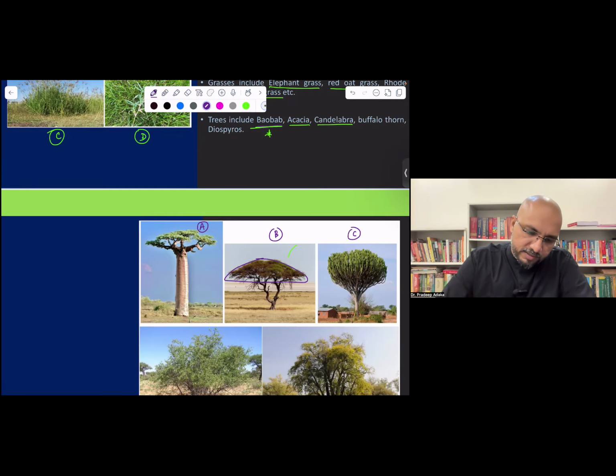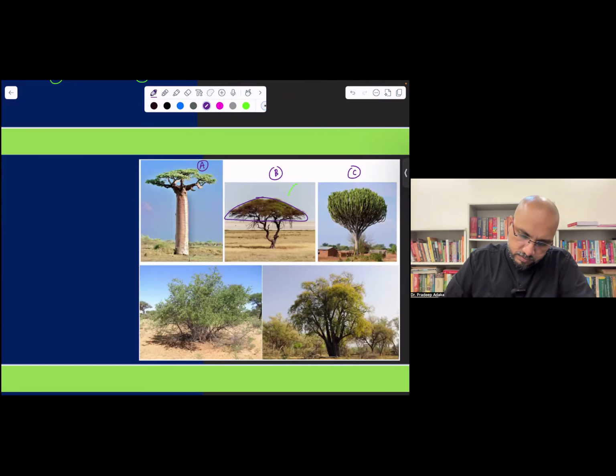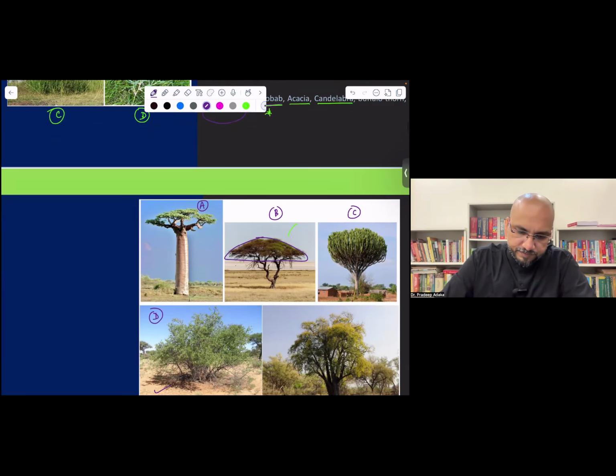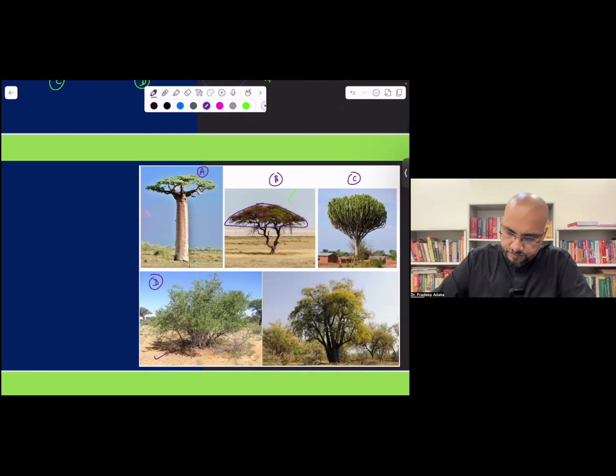Then buffalo thorn. You have buffalo thorn. This is buffalo thorn. And last is Diospyros, that is this tree. So these are the common trees that are found in savanna.